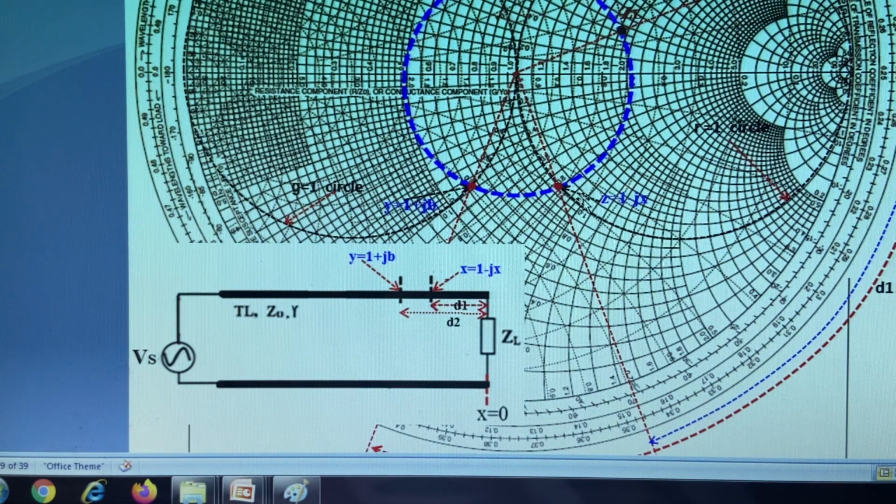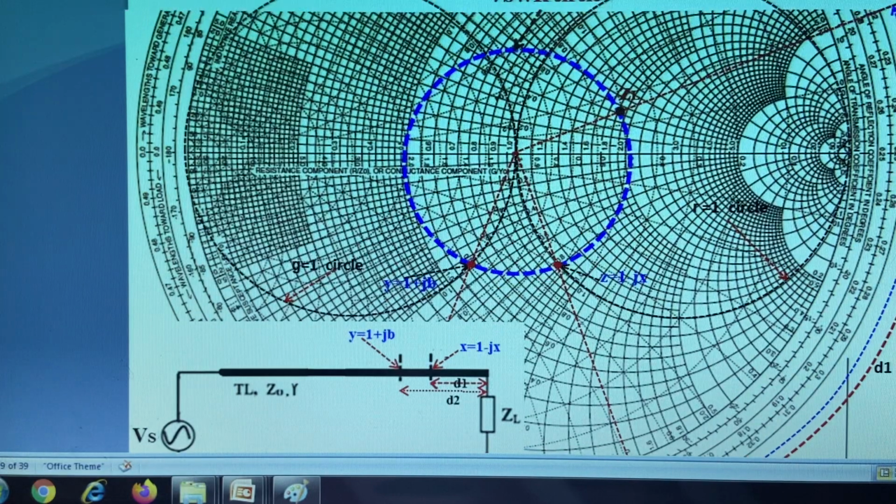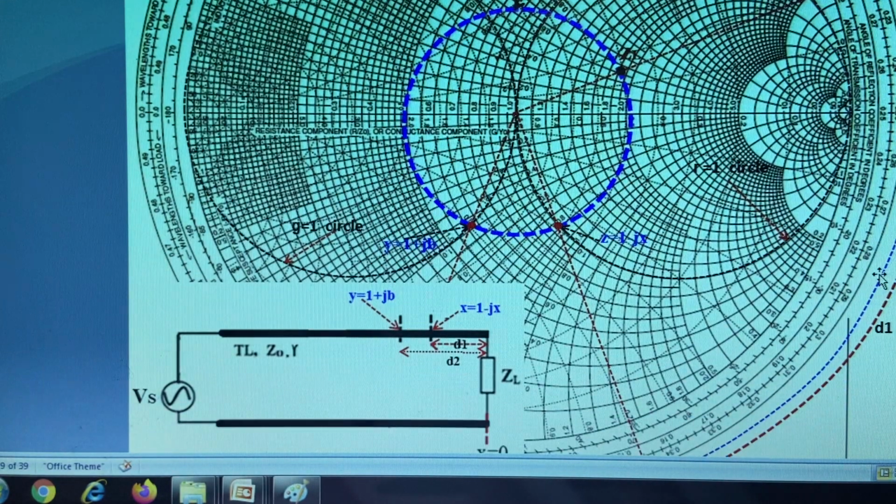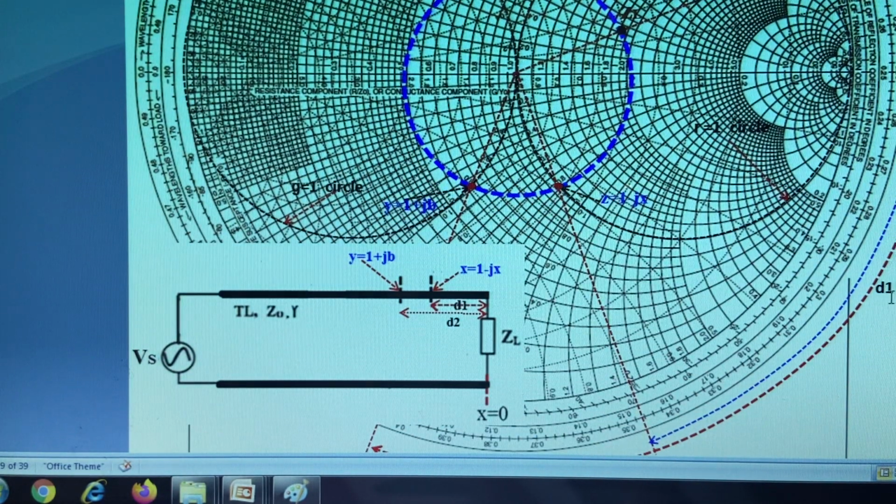This is the R is equal to 1 circle. You stop, and through that point you draw a line here. You read the wavelength here, the distance here, and take the difference. We will be getting the distance d1 that we studied in the previous.